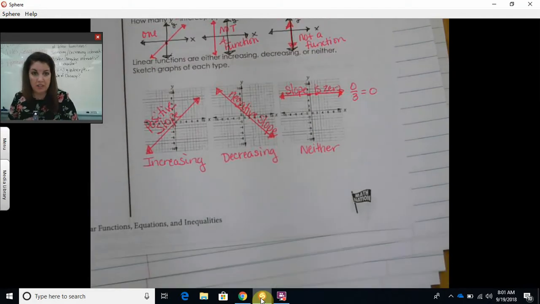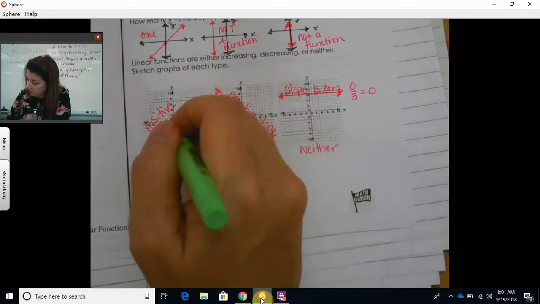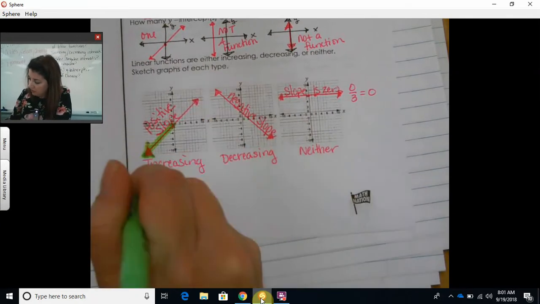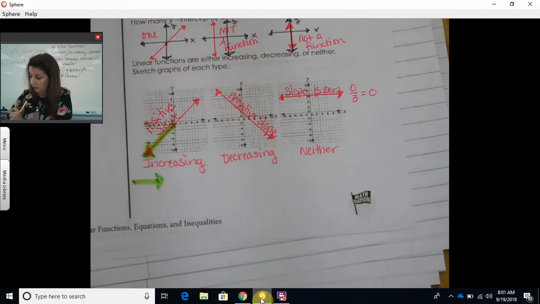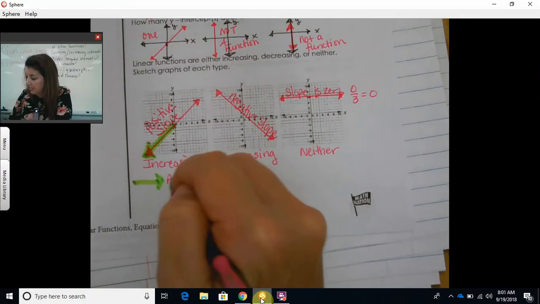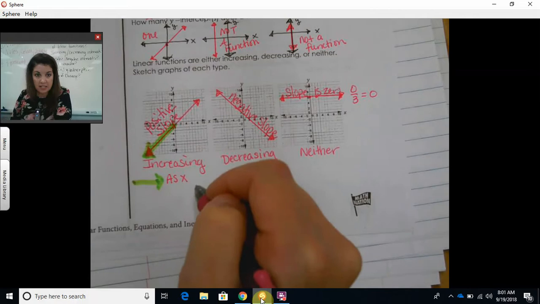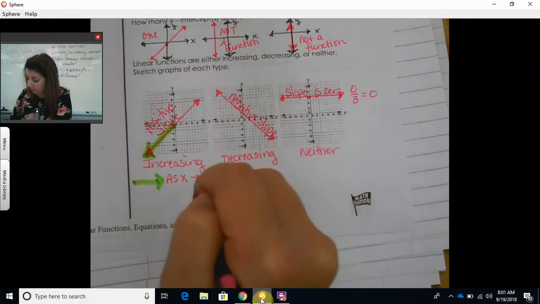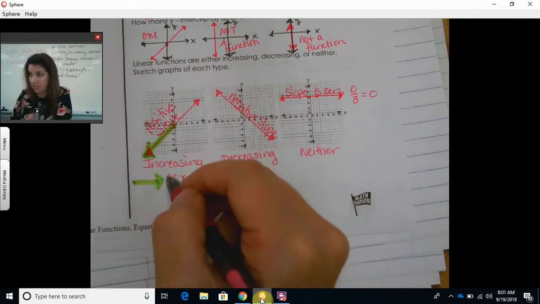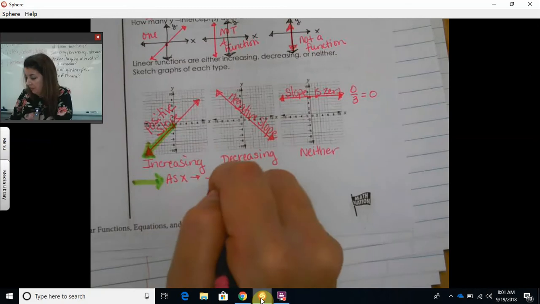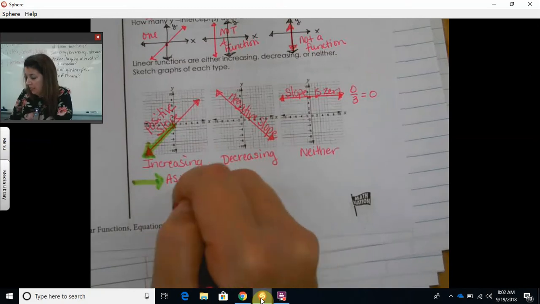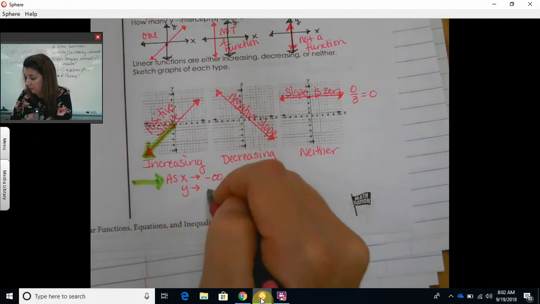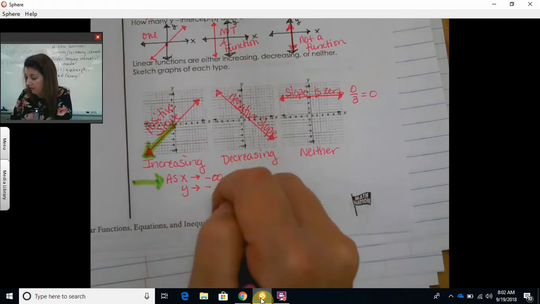Now also I wanted to define your end behavior on these as a review. So on your increasing slope, let's define the left side first. So we would say as x is approaching what? On my green highlighted side, what's x approaching? Negative infinity, while y is approaching negative infinity, right?